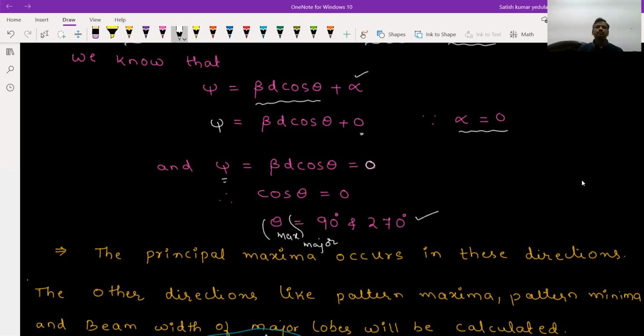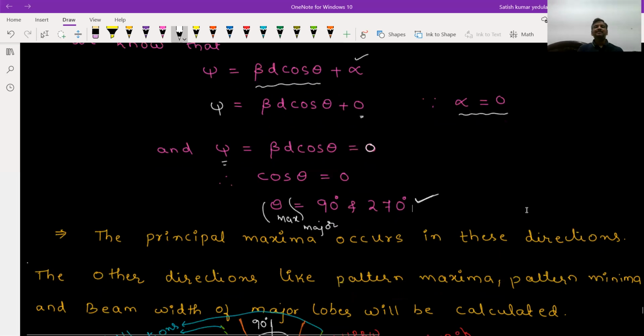Even if we don't find it, we will clearly indicate that the case itself is a broadside array case, and as we know from the types of arrays, it fires perpendicular to the array axis. Those angles will obviously be 90 degrees and 270 degrees. Either you can directly take the maxima of major lobes as 90 and 270, or else you can get those values by equating psi equal to 0.